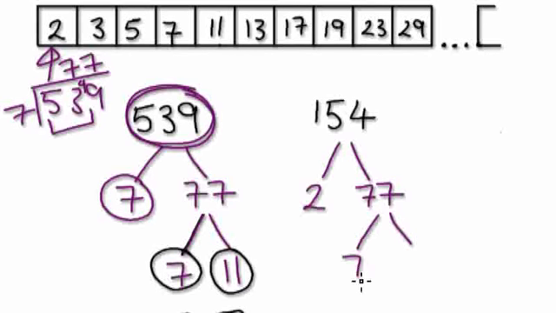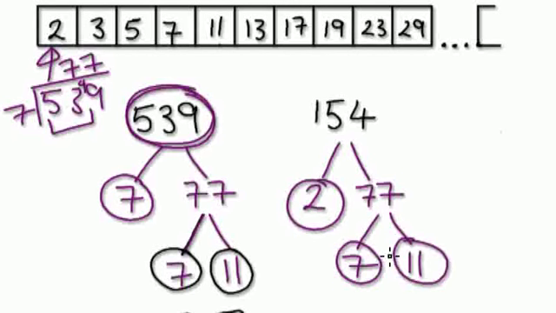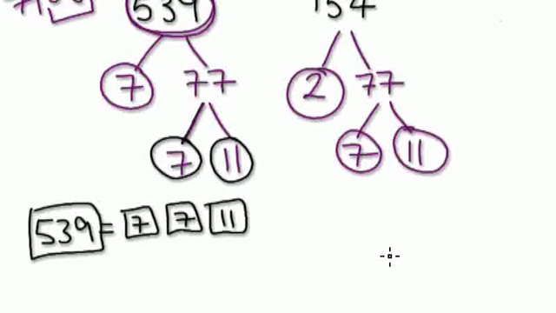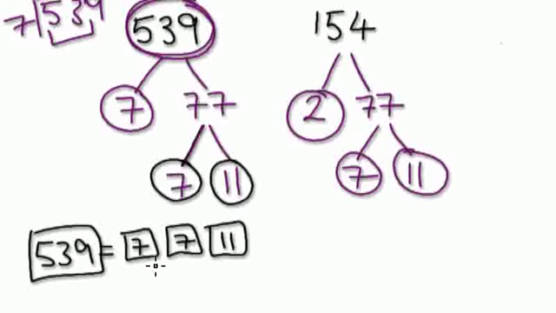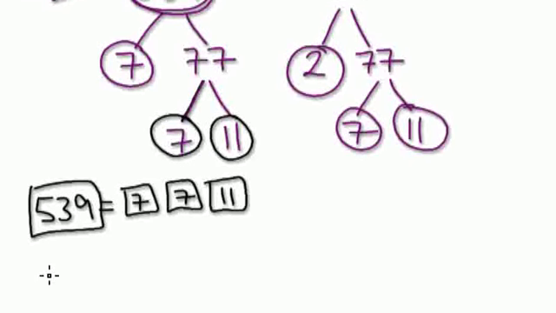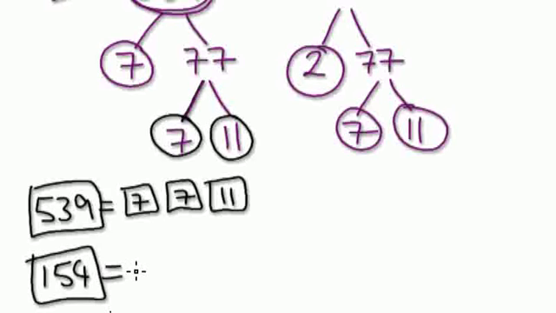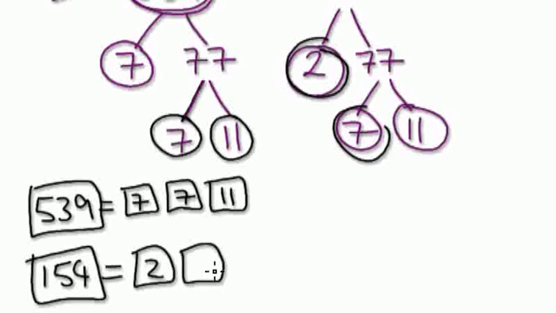That's 7 and 11. Okay. So here these are the prime factors of 154. So now I can write 154 equals 2 times 7, and then times 11.